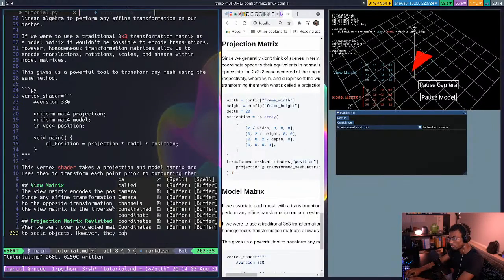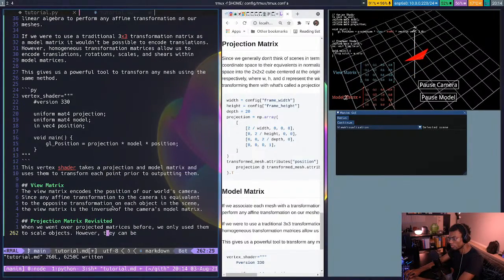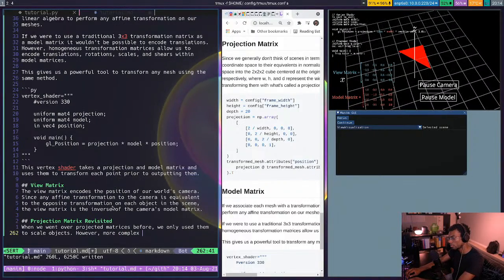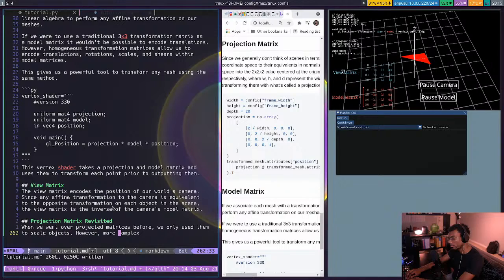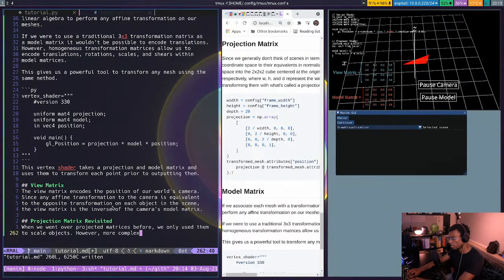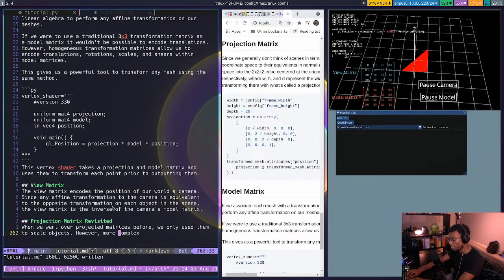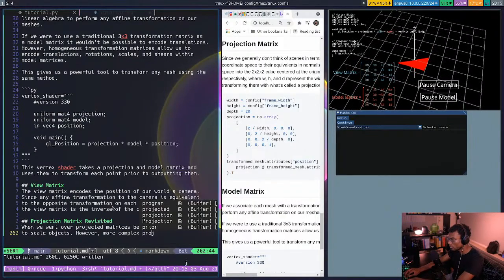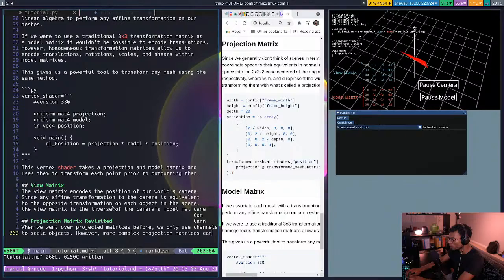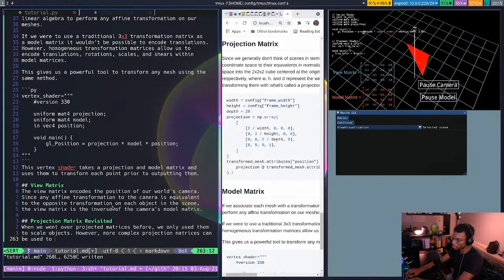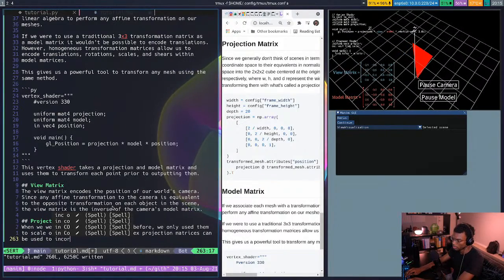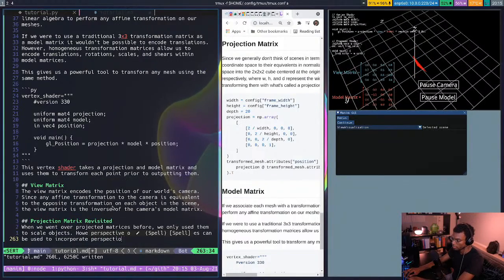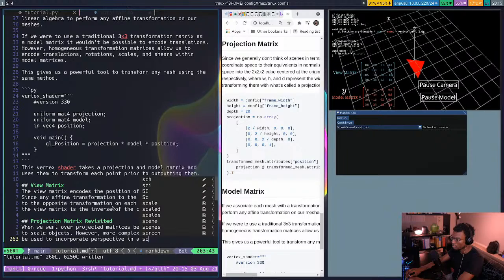However, it can be, say, more complex. Should the word be complicated here? I generally consider complicated to be a bad thing these days. I'll say complex. Can be used to incorporate perspective in a scene.